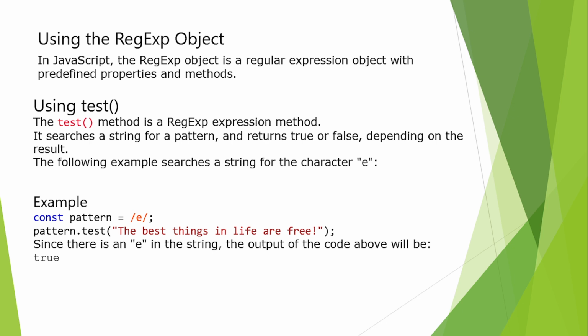Using test. The test method is a regular expression method. It searches a string for a pattern and returns true or false depending on the result. The following example searches a string for the character e. For example, here in the pattern variable we assign /e/.